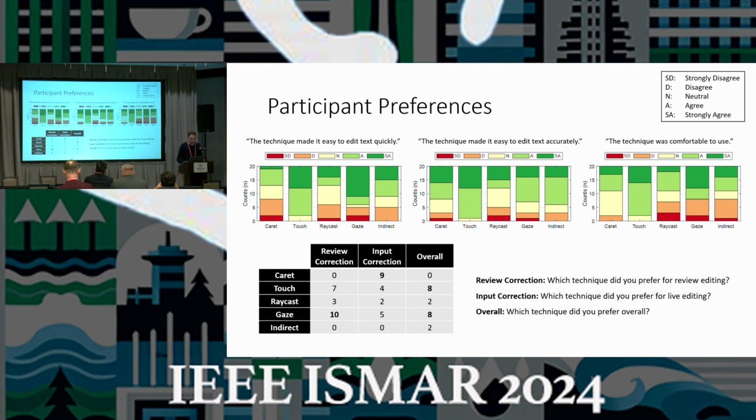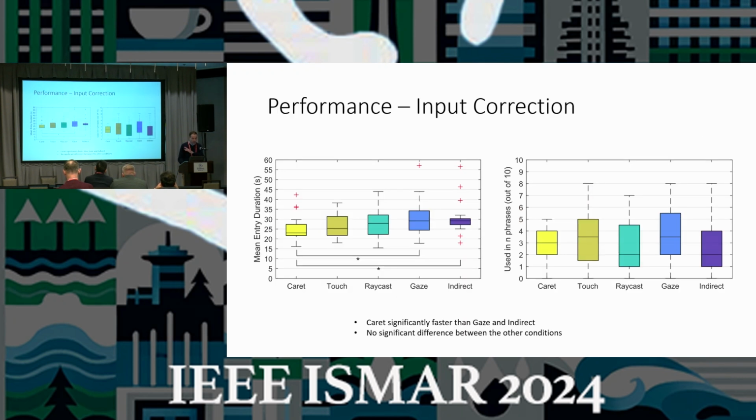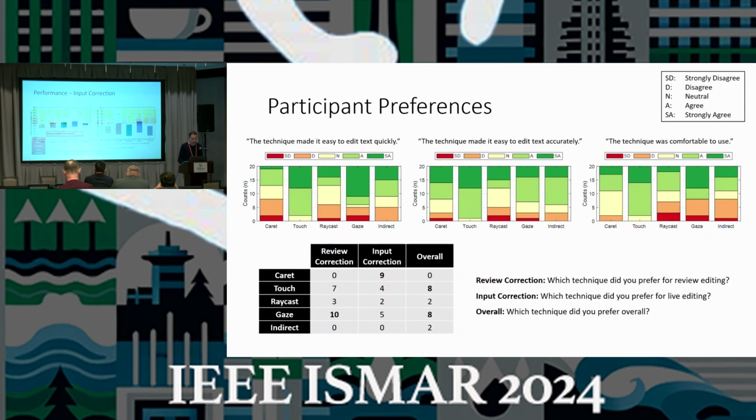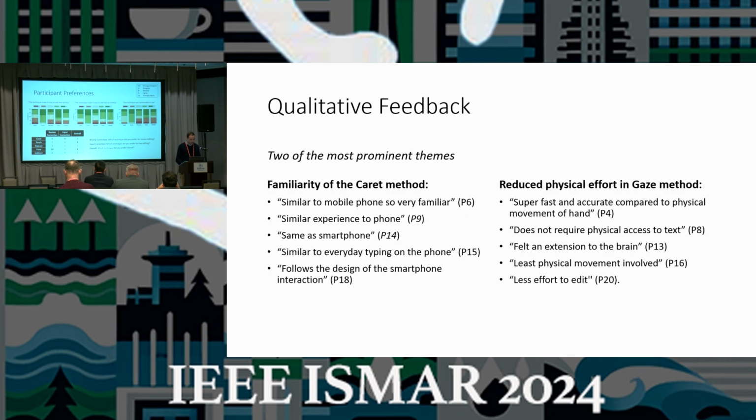The other point to that, I guess, is that, as I mentioned here, for the input correction, where caret was the most efficient, that was the most preferred method for input correction tasks. So when they were actually entering the text and having to correct as they made mistakes, then they much preferred the caret-based interaction method. So here's some qualitative feedback that tries to tease some of that out.